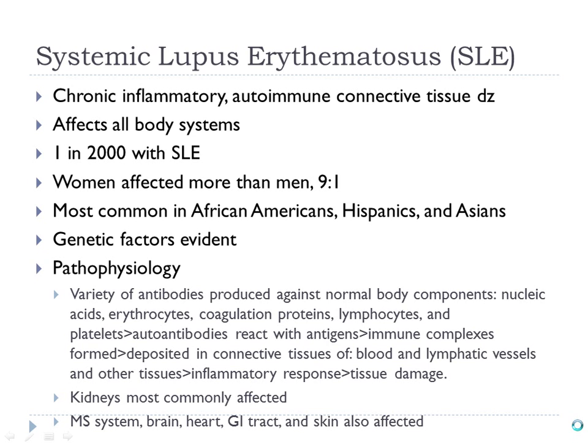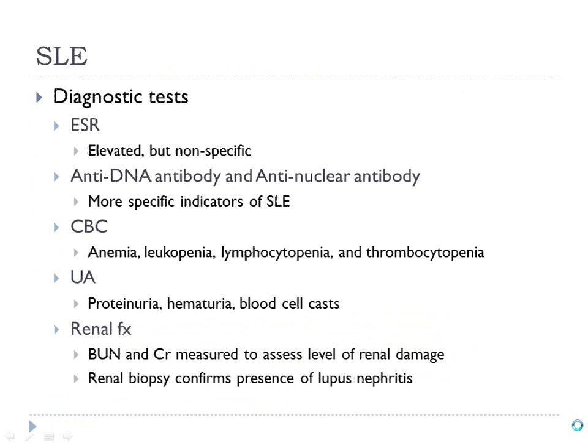The tissue is damaged because of that inflammatory response, the autoantibodies. The kidneys often take a big hit in lupus, but the whole body can be affected. One of the systems that we see most easily is the skin.